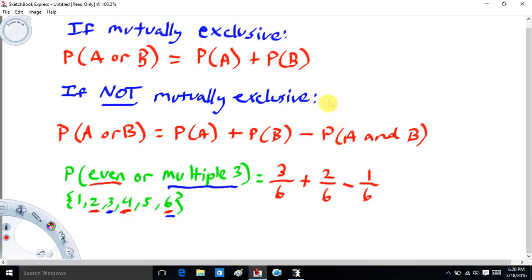So when we add all these up, we get 4 out of 6. 3 plus 2 is 5, minus 1 is 4, which is 2 out of 3. Now, if we had not subtracted this 1 out of 6, we would have gotten 5 out of 6, and intuitively that doesn't make sense, right? We don't have 5 outcomes here. We only have 1, 2, 3, 4. So that's our answer.